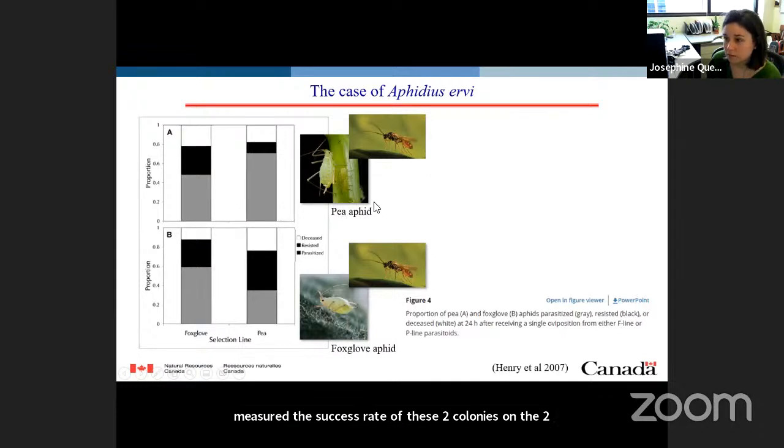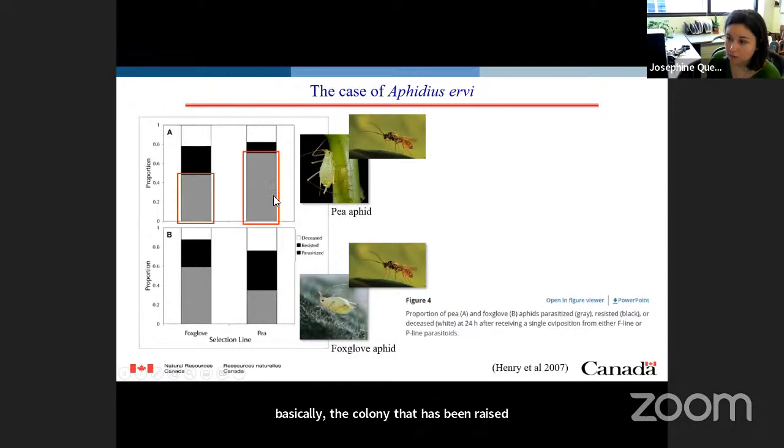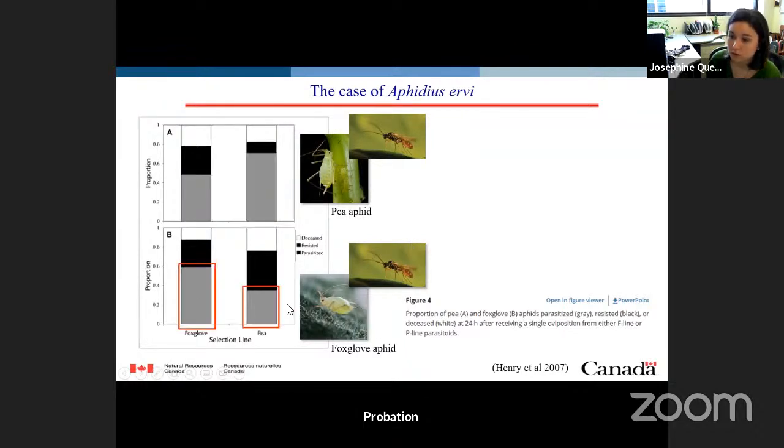And what they found is that the colony that was reared on the pea aphid was then more successful at parasitizing the pea aphid than the foxglove aphid, while the colony that was reared on foxglove aphid was more successful at parasitizing the foxglove aphid than the pea aphid.